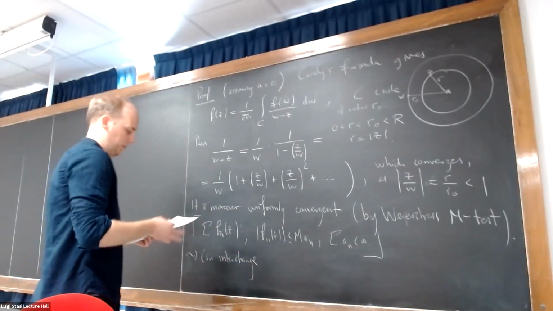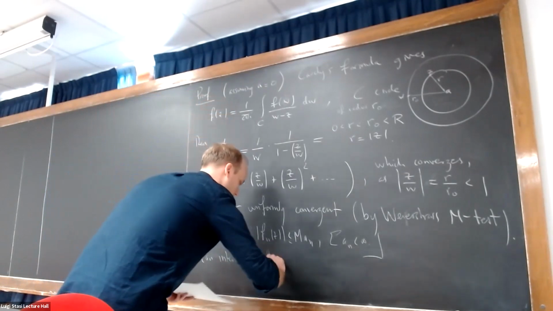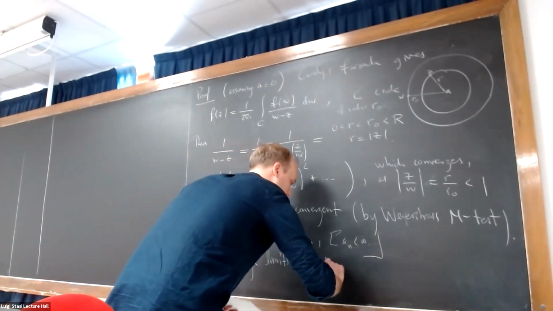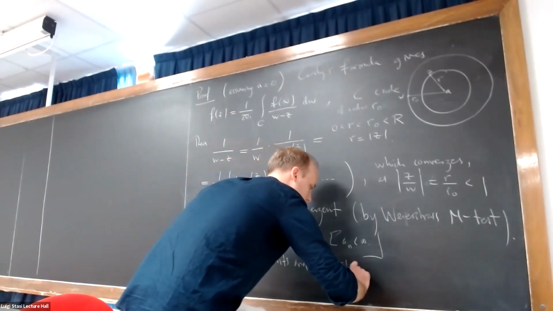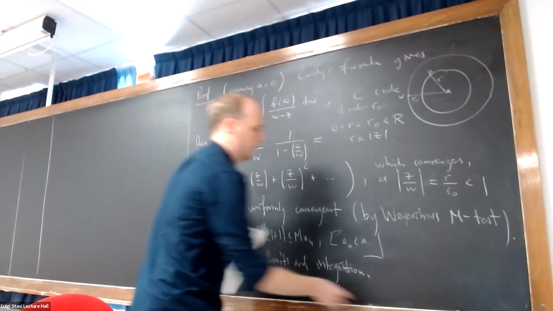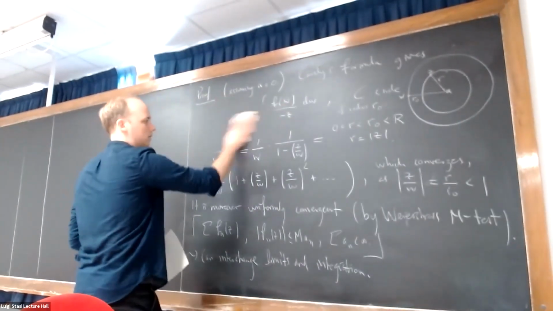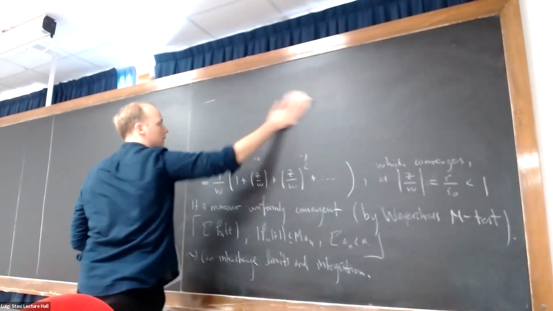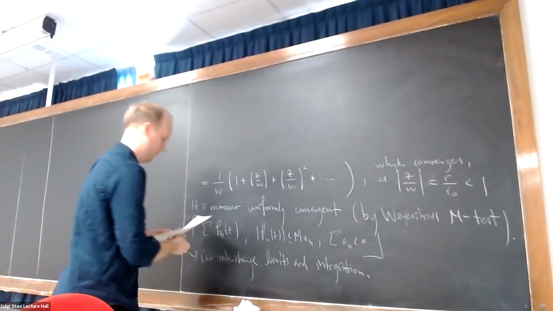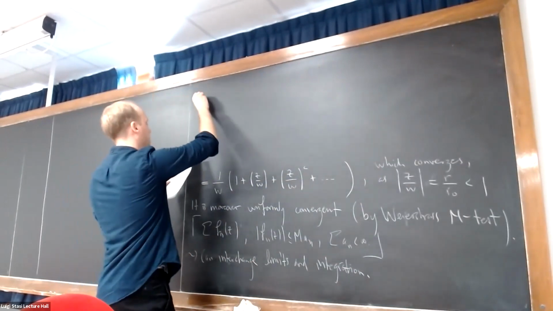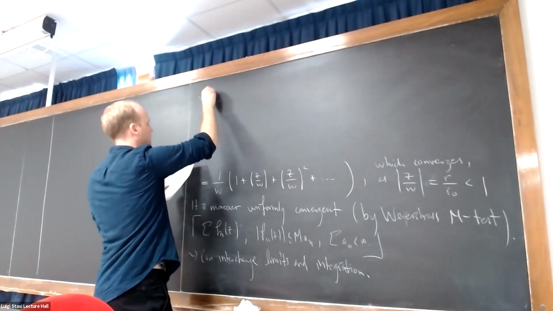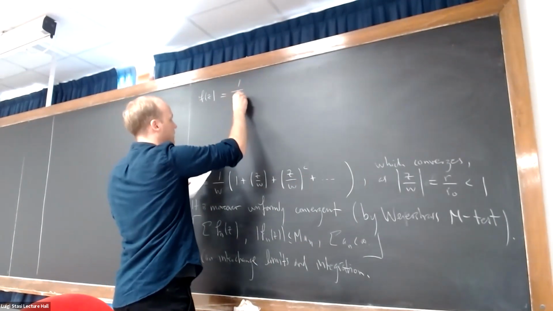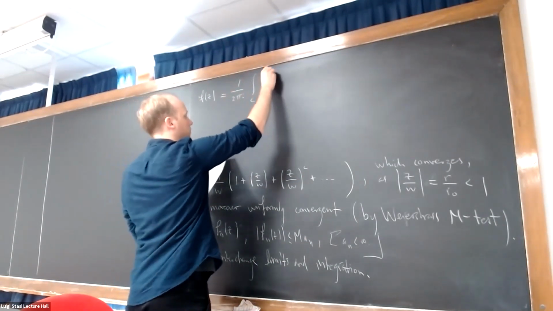And this means, by a well-known fact, that if you have uniform convergence, you can interchange limits and integration. So what we'll do: f of z is equal to... let's recap what we had.